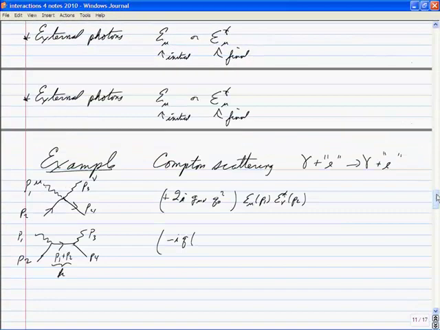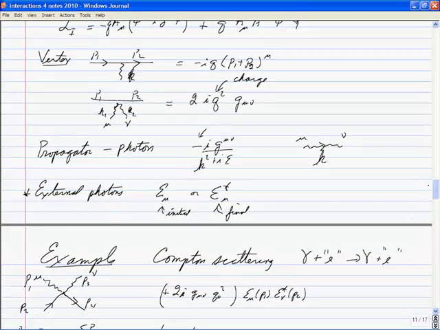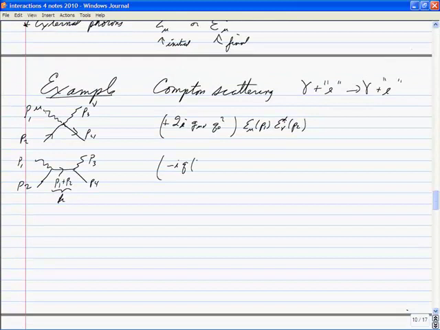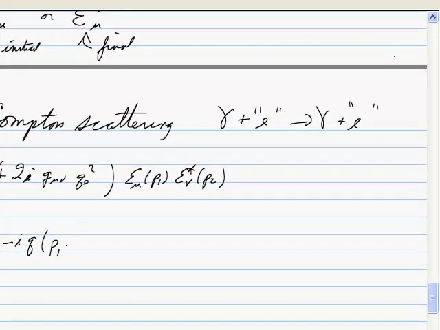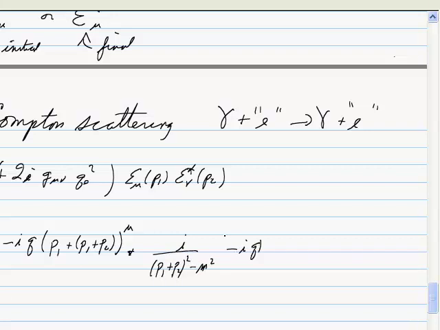The vertex, the rules tell us that if I have two momenta there, I do use the sum of the momentum. So it's P1 plus P1 plus P2, mu. I have a scalar propagator i over P1 plus P2 squared minus m squared, minus iQ.